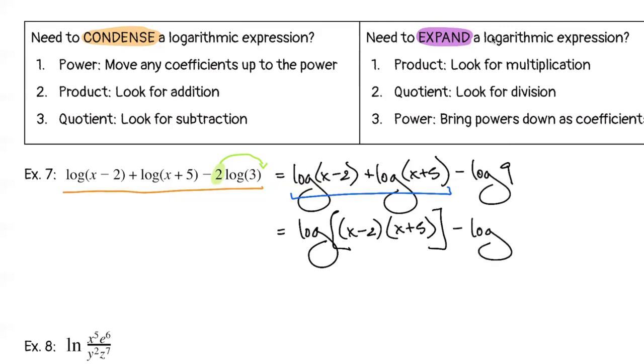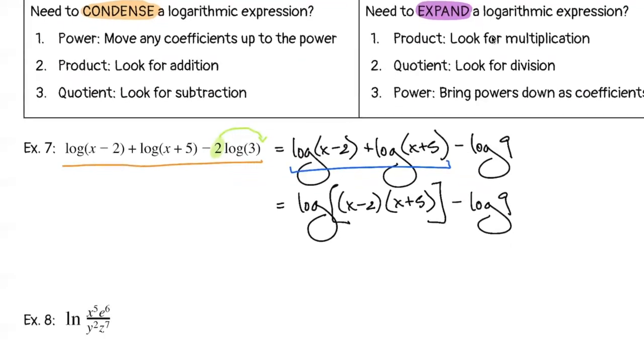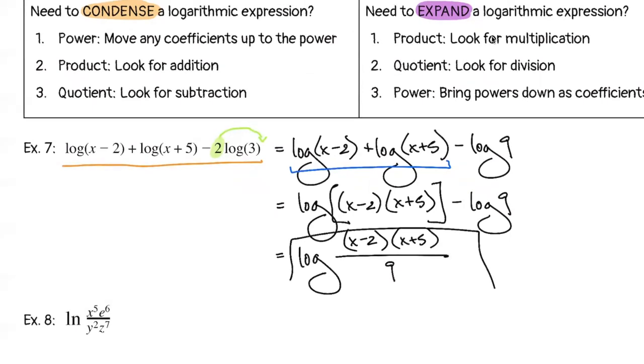I keep that minus log 9 there. All right. I've done the power, I've done the product. Last step is the quotient. Log of x minus 2 times x plus 5 all over 9. And that, my friends, is the condensed form of our original question.